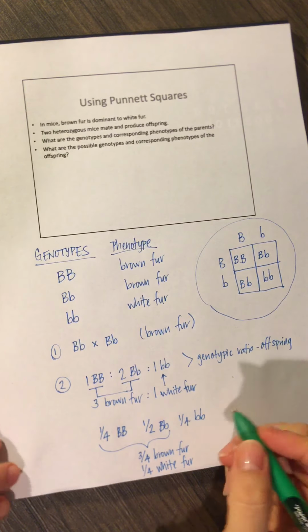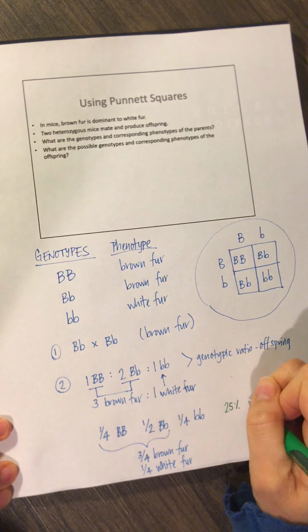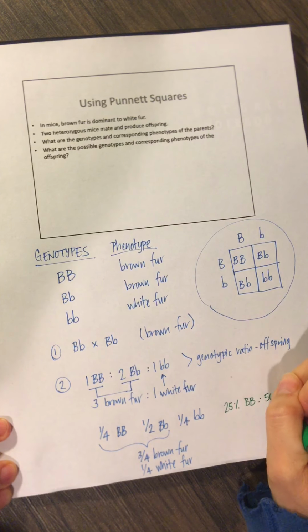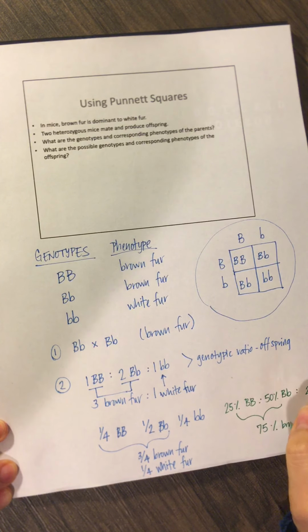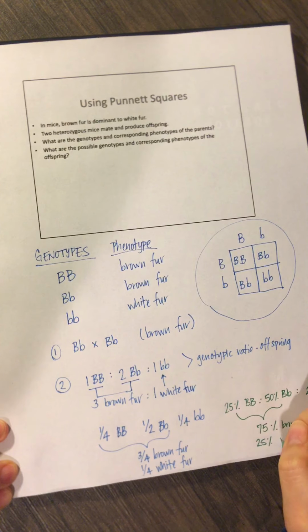So rather than 1/4, 1/2, and 1/4, we would have 25% homozygote dominant, 50% heterozygote, and 25% homozygote recessive. And in terms of phenotypes, then that would be 75% brown fur and 25% white fur.